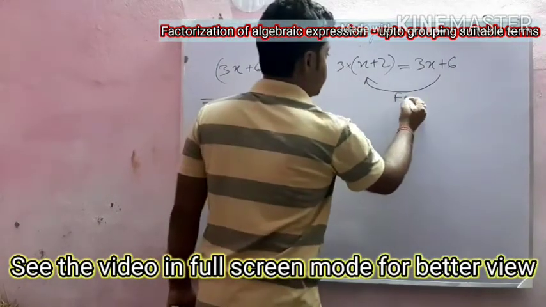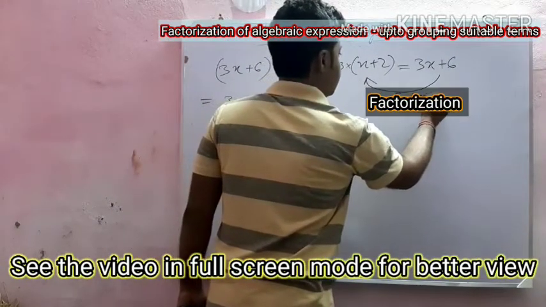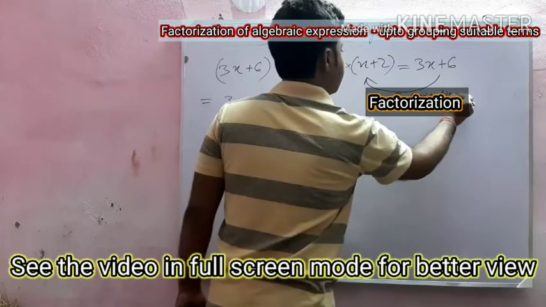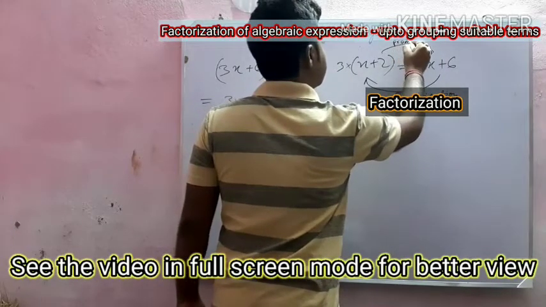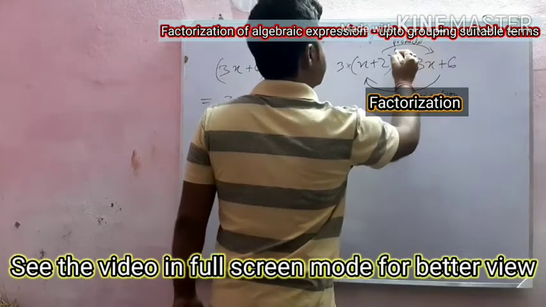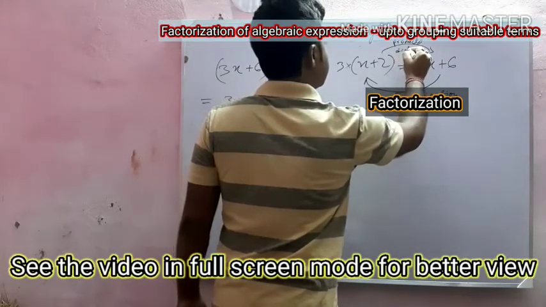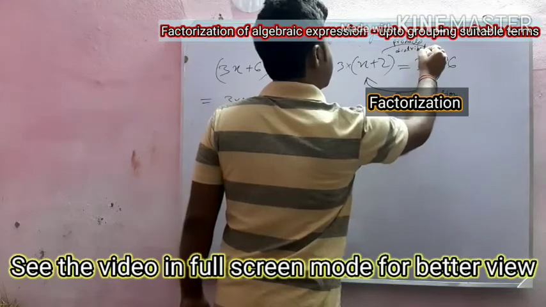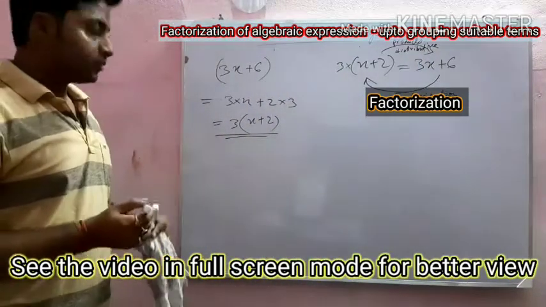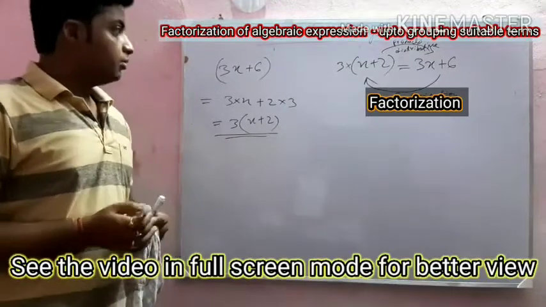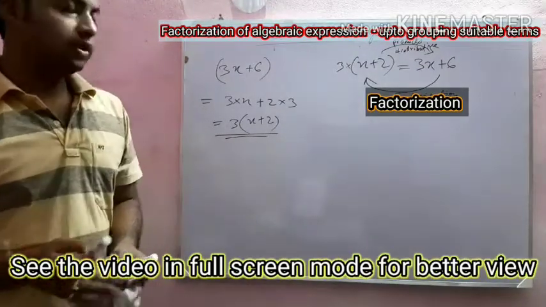This is called factorization. And this was finding products using the distributive property. Right? So now I think you have understood this concept.